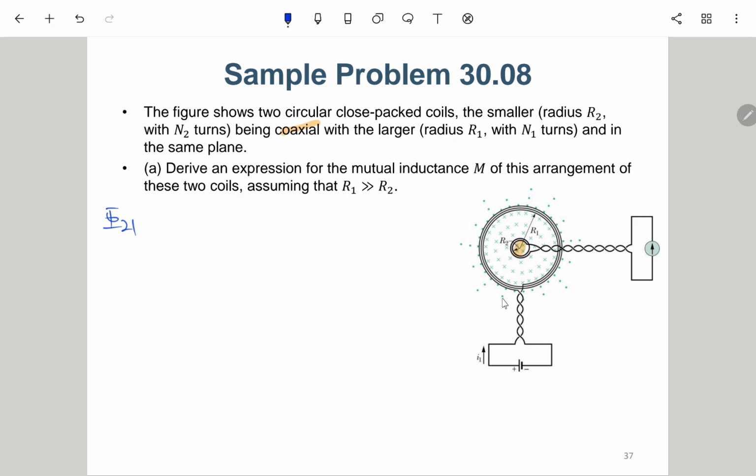Because here for coil 1 we have a battery generating I1. So in that way this coil will generate a B field. So here we have B1, but the mutual inductance occurs for the second coil. So for the cross-section area, we only consider A2.